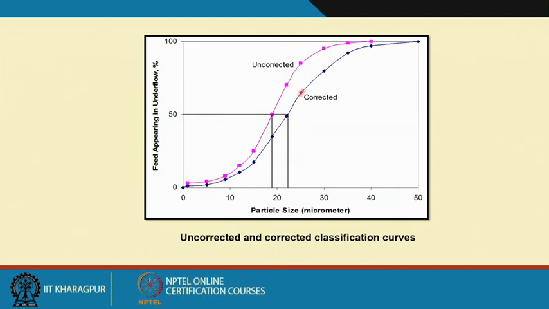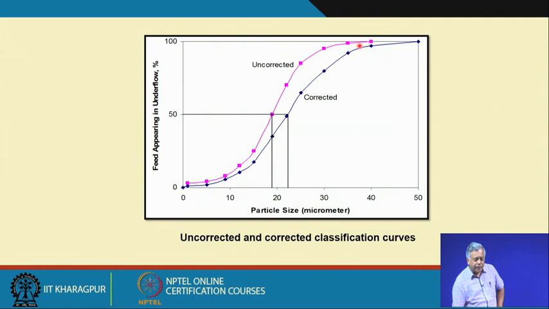So, this is my uncorrected one, that is what we have calculated based on simple mass balance, that is, how much I had in my feed and how much of that particular size class reported to the underflow. Now, when we have a corrected one, we have to take the corrected D50.